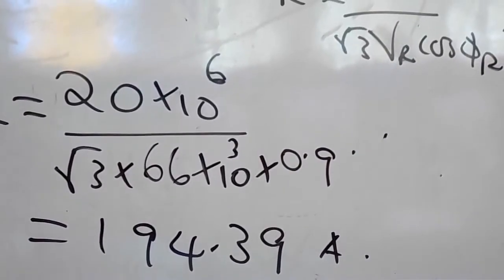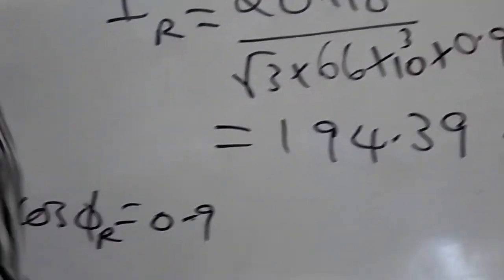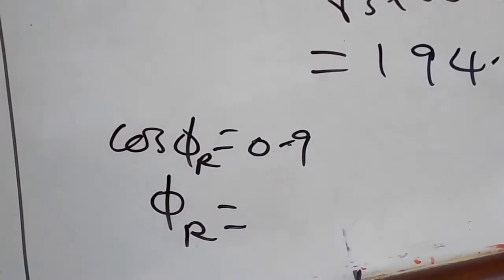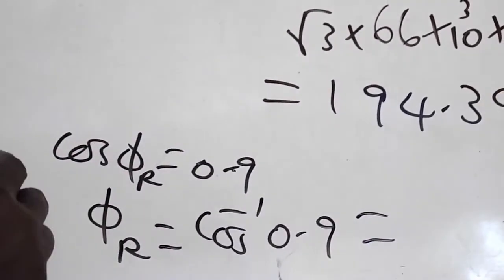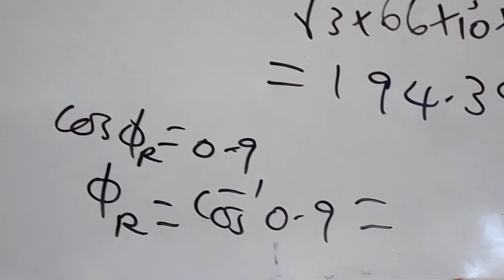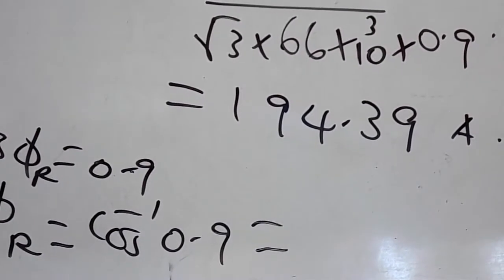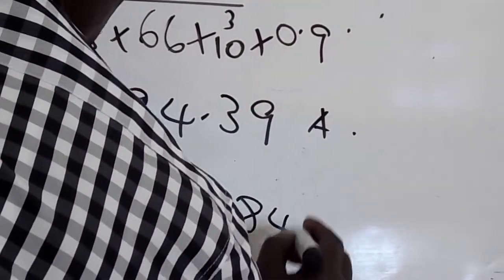Now, you remember in our circuit diagram that cos phi r is 0.9. So if cos phi r is equal to 0.9, then phi r will be the cos inverse of 0.9, and the cos inverse of 0.9 will give us 25.84 degrees.